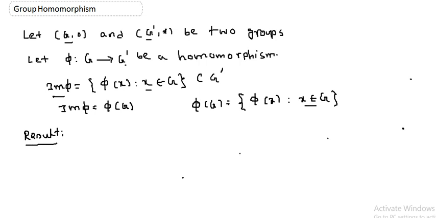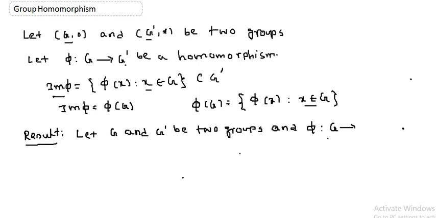The result says: let G and G dash be two groups, and phi from G to G dash be a homomorphism. Then we have already seen that the image of phi is a subset of the group G dash.